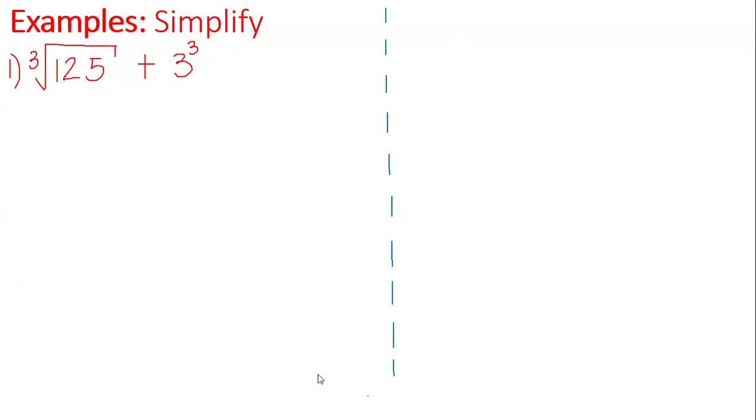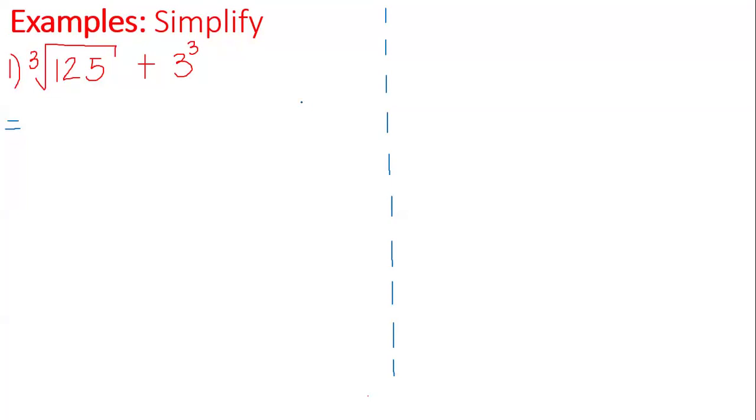Find the square root of 125 and then divide by 3? No, not the square root. This is the cube root. So the cube root means, give me a number that when I multiply it by itself 3 times, it gives me 125.